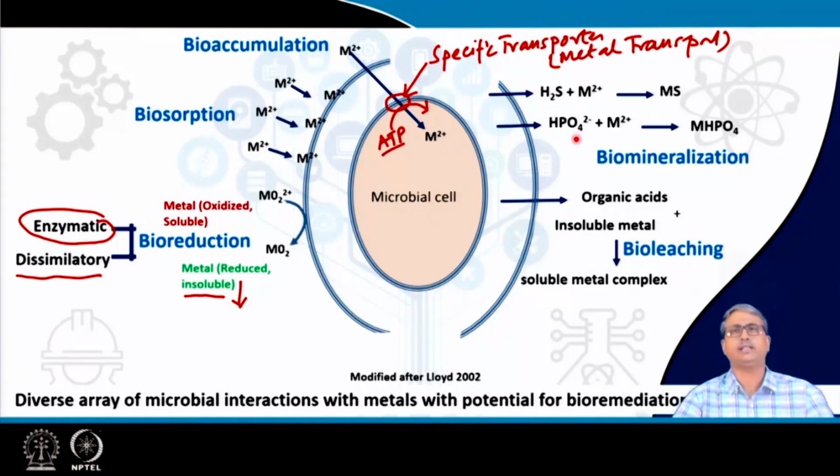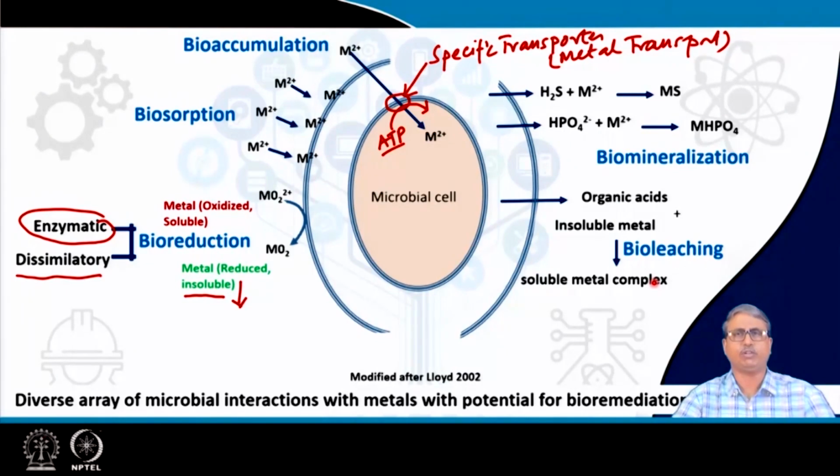Now, here is another interesting way of dealing with the metals which is executed by many bacteria and fungi, that is the production of organic acids. Many microbes produce organic acids which can react with the insoluble metals, and when the insoluble metals react with the organic acids, metal organic complexes are formed, and those complexes are found to be mostly soluble, and these soluble complexes are more mobile than the insoluble counterpart.